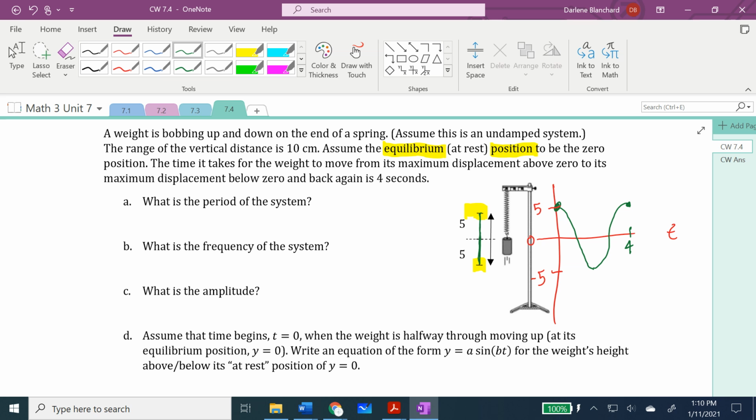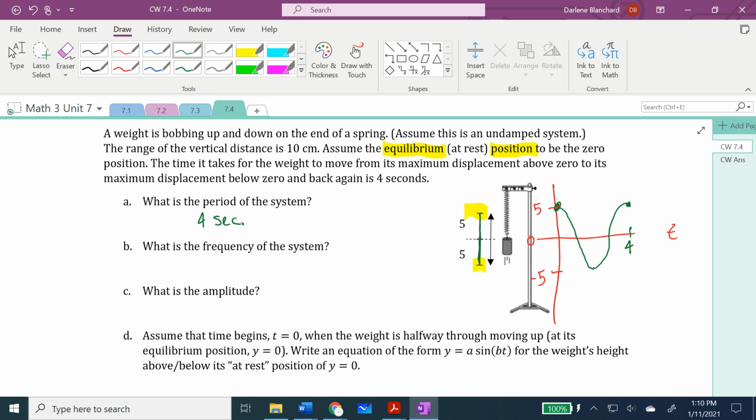So with that said, what is the period of the system? The period of the system is 4 seconds because the period is just how long it takes to make one cycle and then repeat itself every 4 seconds again.